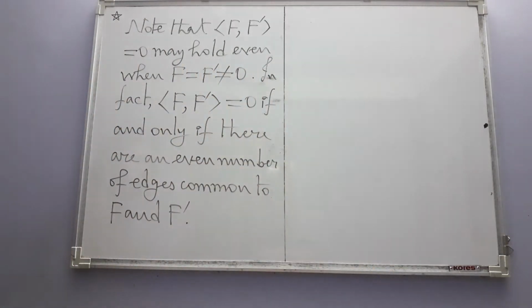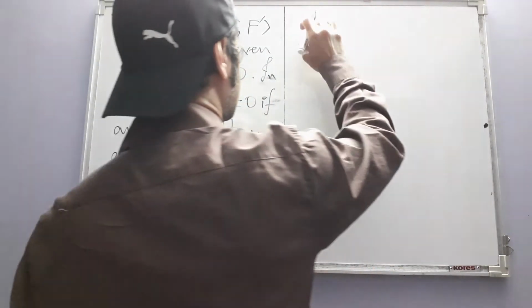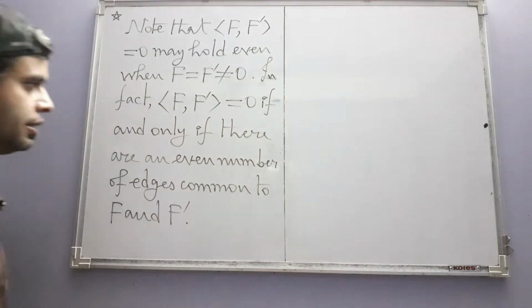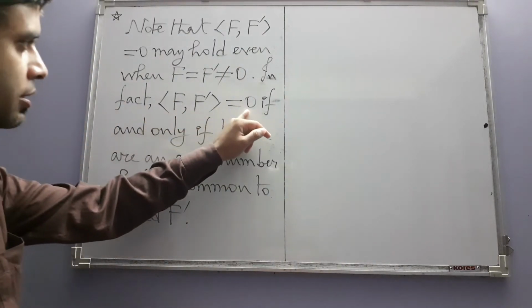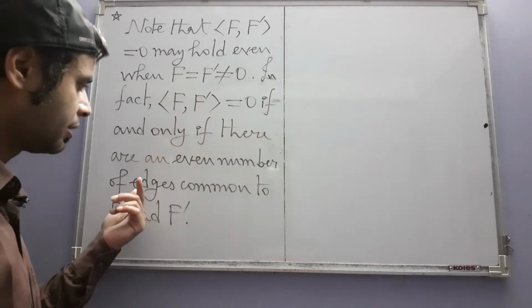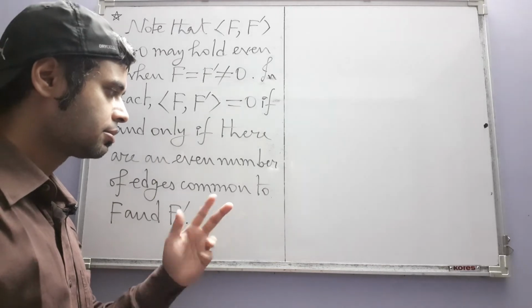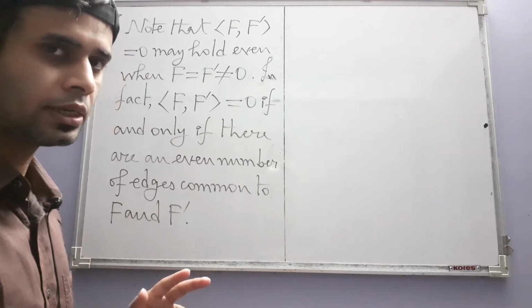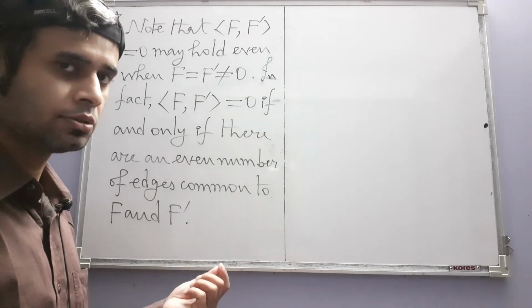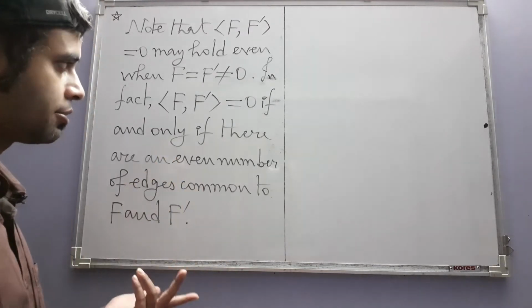Okay. So now what we are saying here is that this product is 0 if and only if f and f prime have an even number of edges in common. It may have no edge in common. That number 0, that is no edge, is also an even number.